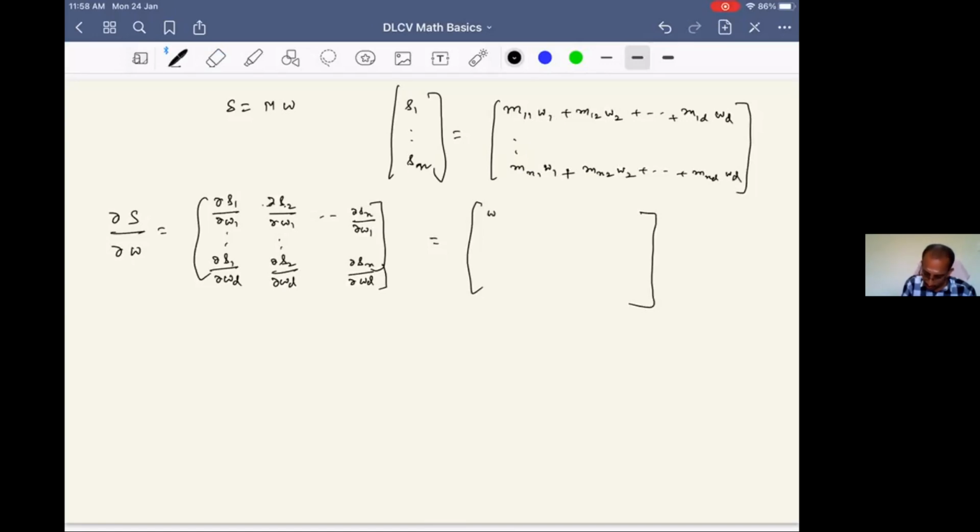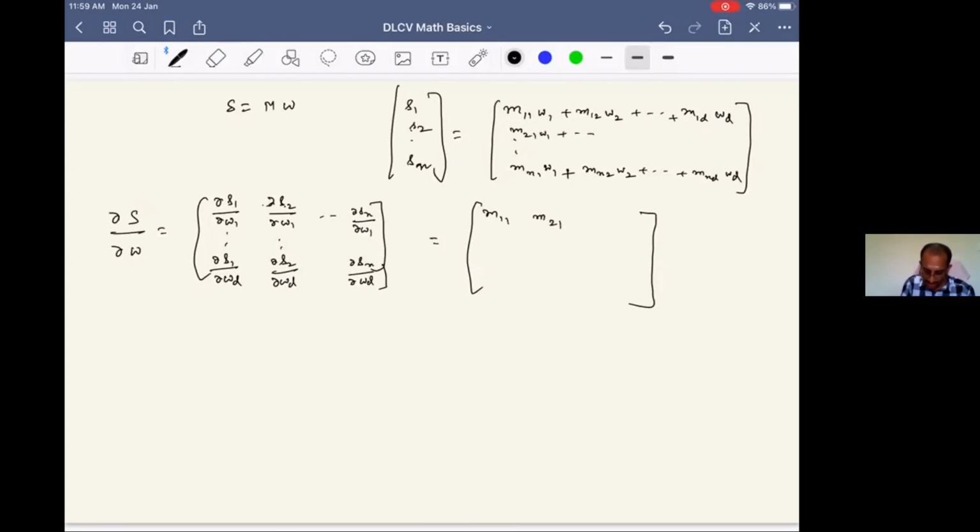So if we write now, dou S1 by dou W1 is nothing but M11. Dou S2 by dou W1: S2 is here, and M21 will come here, right? Because M21 W1 plus and so on.